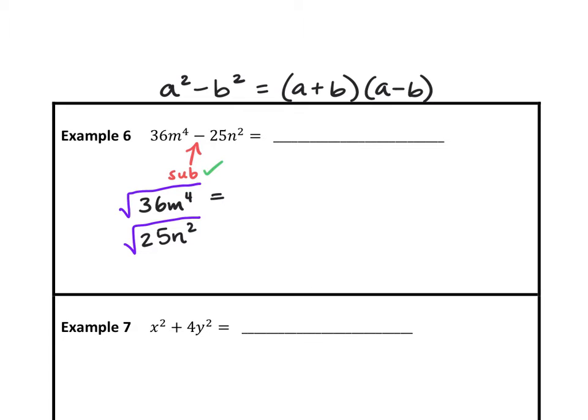So let's square root the first one. What's the square root of 36? 6. What's the square root of m to the 4th?